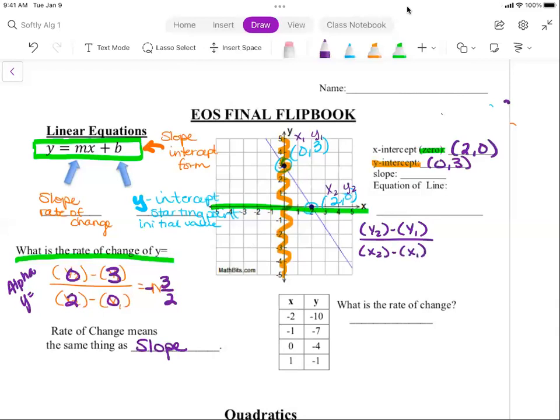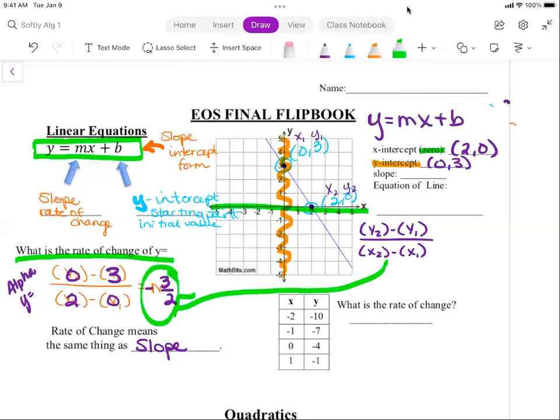When I have these 2 points, which we have already done right here, I can answer this question. So remember, y equals mx plus b. I know that -3 over 2 is my m value. I know that my y-intercept (0, 3) is my b value. So I'm just going to use the y value when it comes to my b.